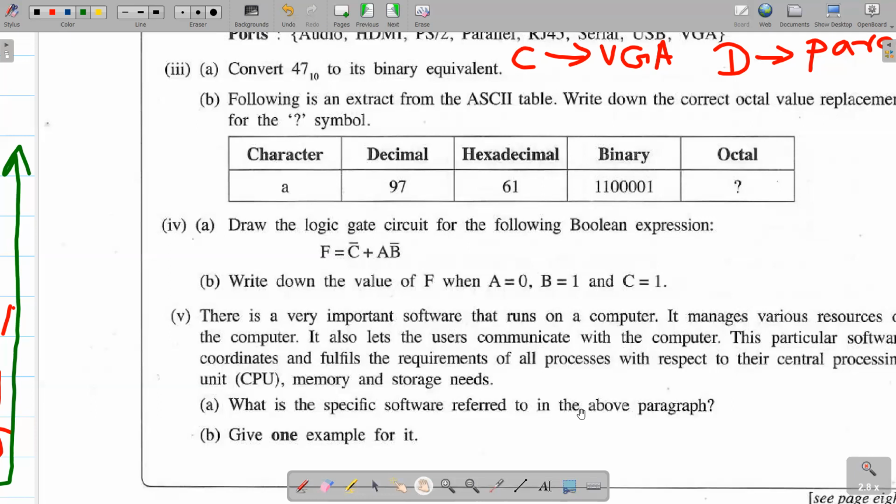How are we going to do that? We are going to take the value from your right hand side and divide this into groups of three. All right, and then the place values are going to be, I'm sorry, 1, 2 and 4.